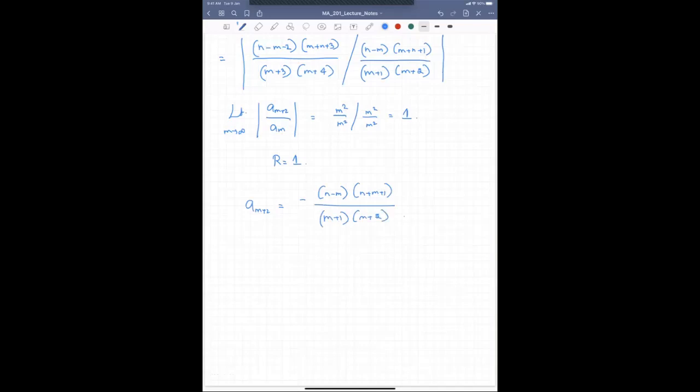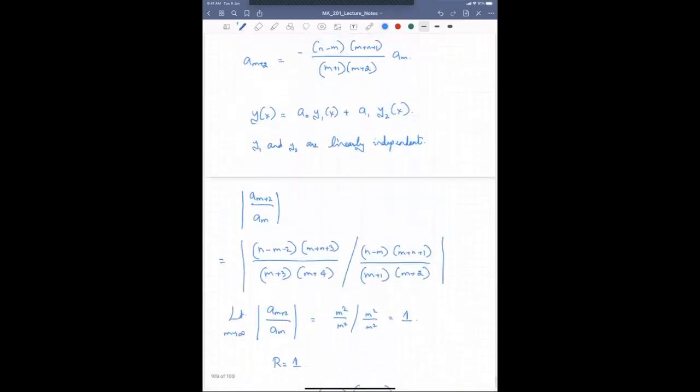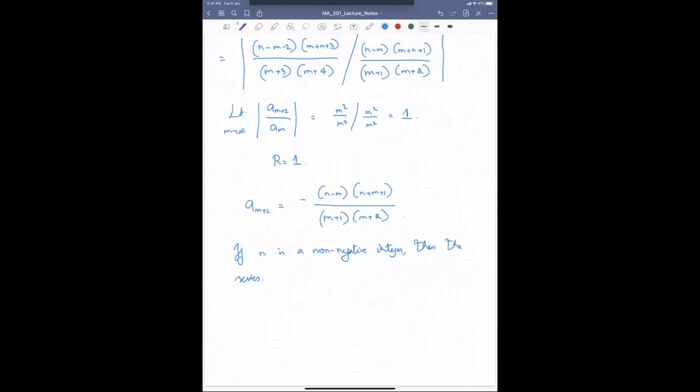Now, if n is a non-negative integer, then one of these series terminates. If n is even, then y1 terminates, because beyond that point I cannot keep finding coefficients: as m hits n, n minus m becomes 0.